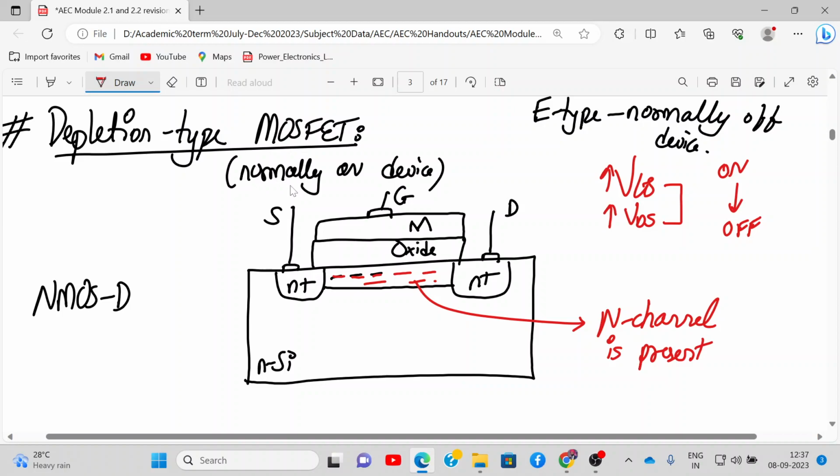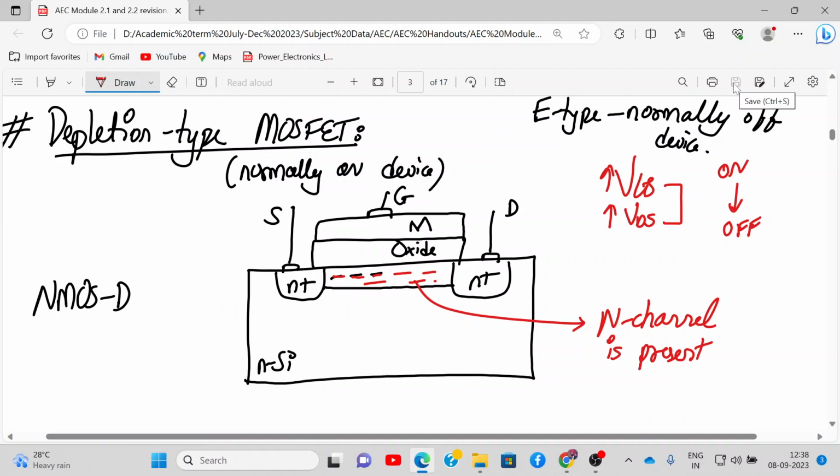So in enhancement mode, the N channel was not present. It gets formed with the application of voltages, and in the case of depletion type MOSFET, the N channel is already present, and if we apply more and more voltages, the channel will disappear. Did you understand the difference between enhancement and depletion? In enhancement type, the device goes from off to on, and vice versa in depletion.